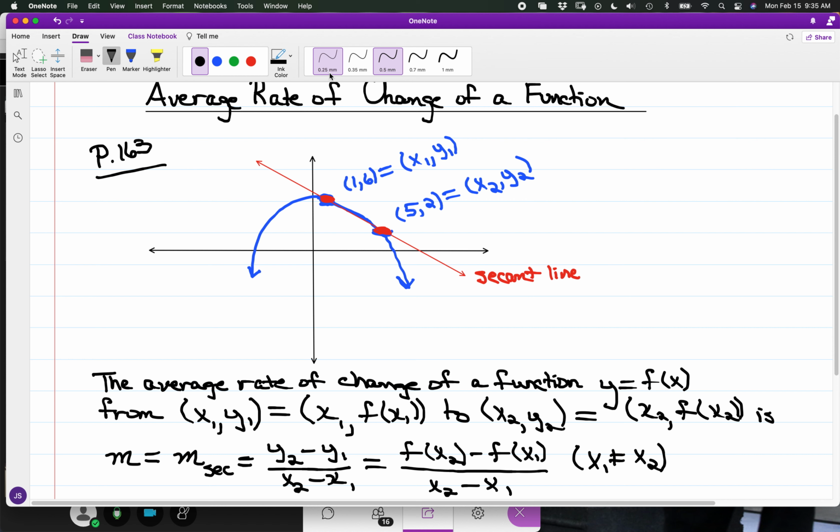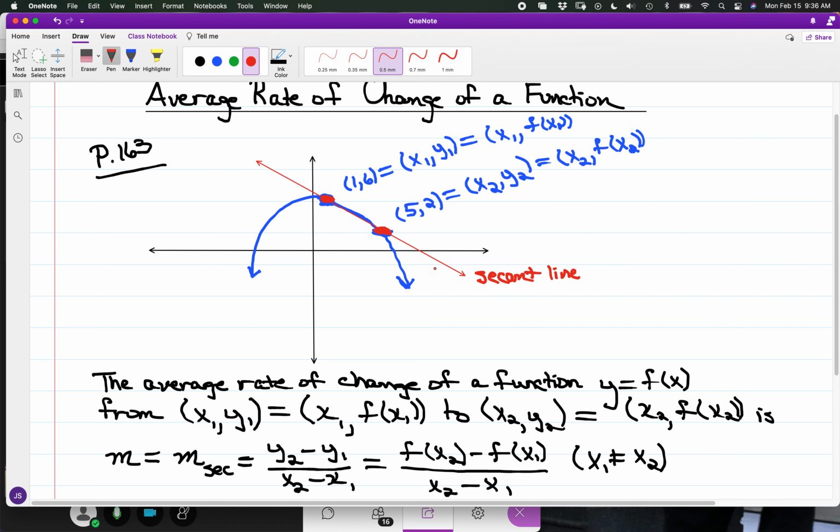Taking what we have for the average rate of change between (1, 6) and (5, 2), we can formalize this. For (1, 6), you have x1, y1, which could also be expressed as x1 and f of x1. Likewise with (5, 2), we'll have x2 and f of x2.